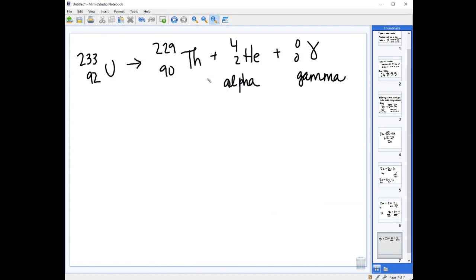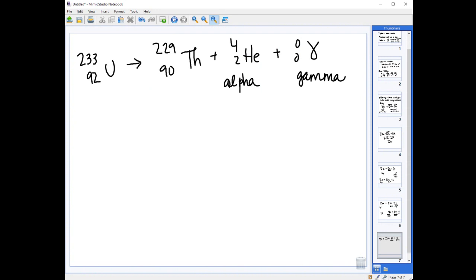So in the decay of uranium-233, it releases an alpha particle, but it also releases gamma radiation. But you'll see my note there: gamma rays have no effect on the nuclear reaction. What I mean by that is they're not a particle, so they don't figure into the math of working out our nuclear equation.